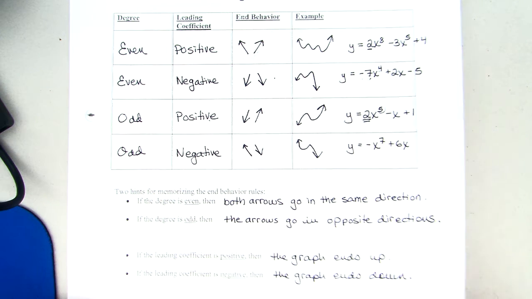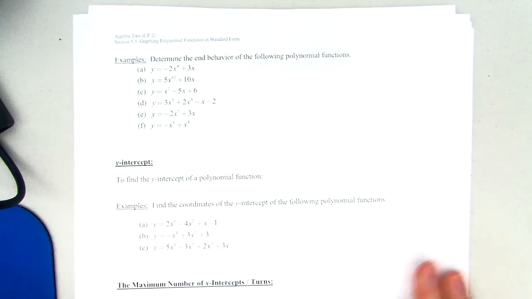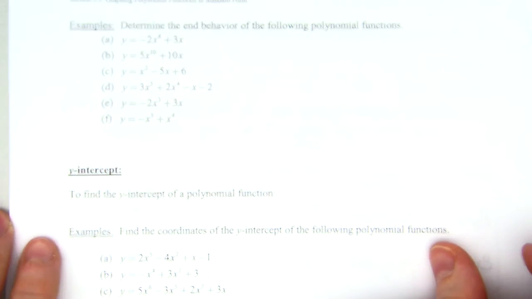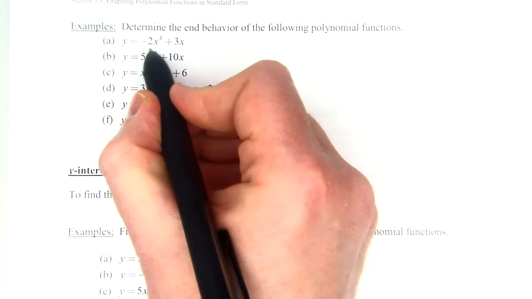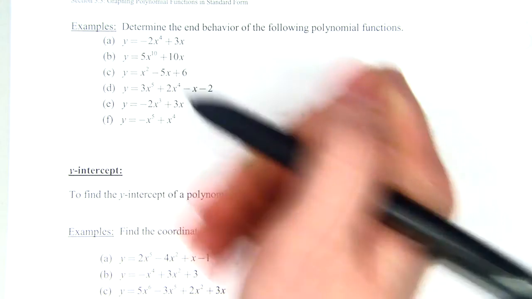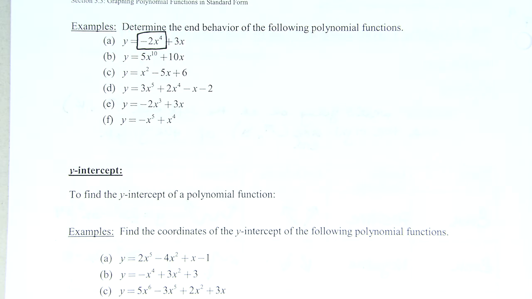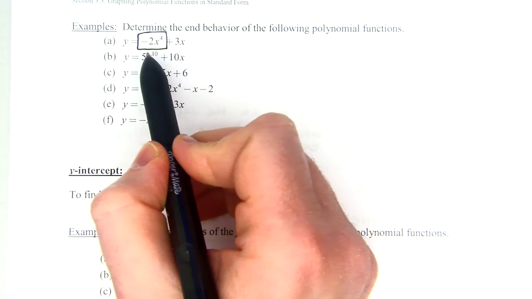Okay, so looking at the next page, we want to try to find the end behavior of these various polynomial functions. That first one, y equals negative 2x to the fourth plus 3x. The only thing I care about is my leading term, so I'm going to focus on that. Now, we could use our chart and just match up what we see here with the lines there.